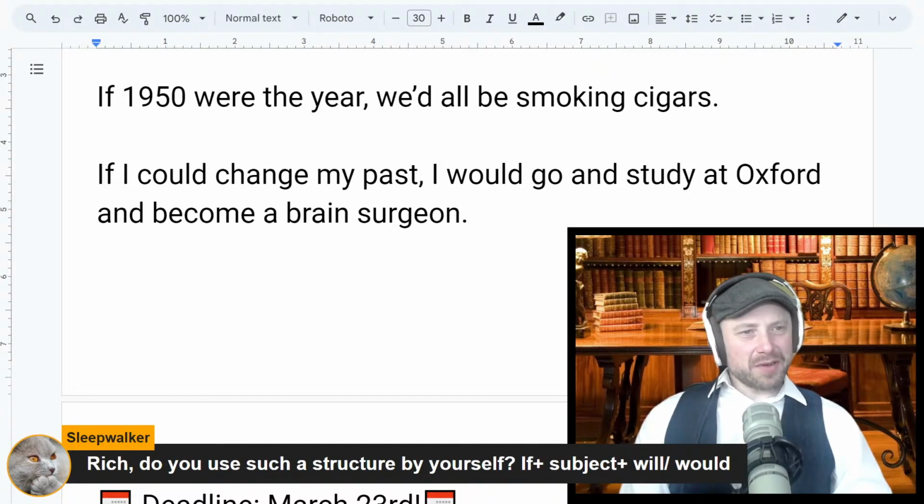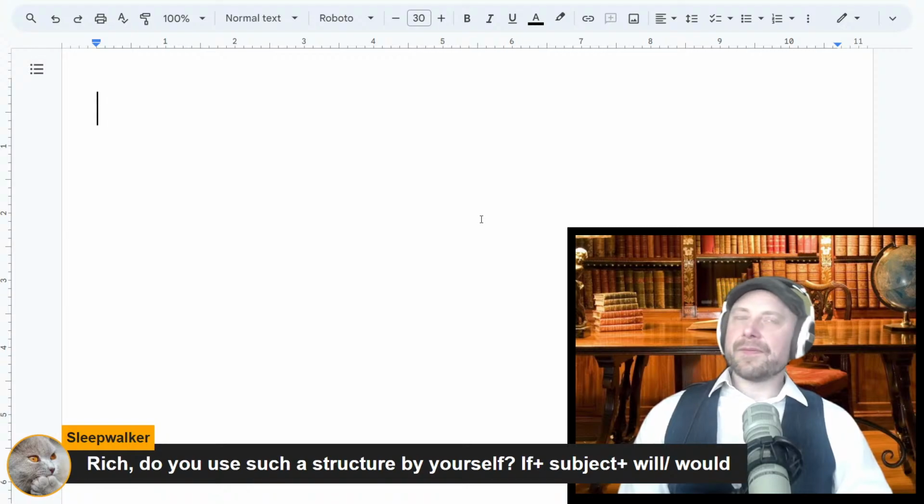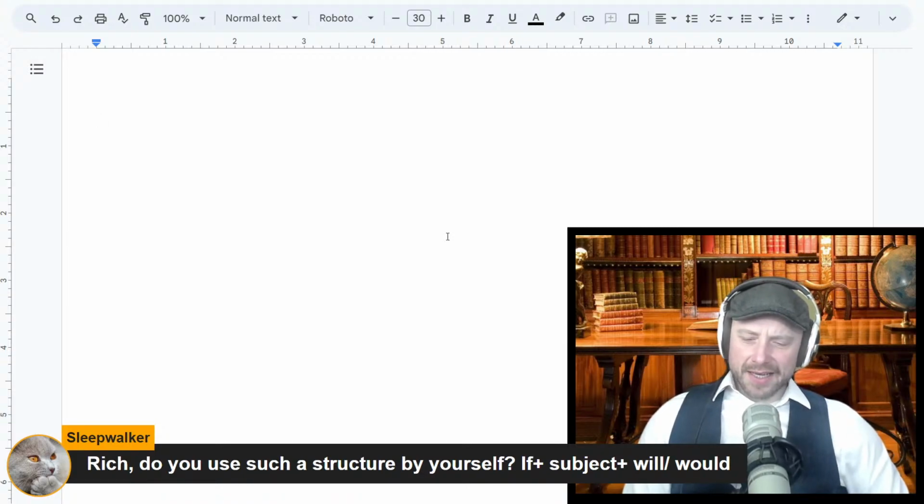If plus subject plus will, would. Do you use such a structure? Yeah. I rarely use if you will. But would, I think so, yes.